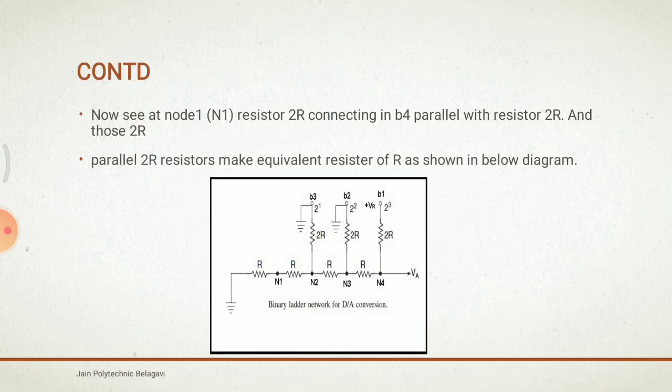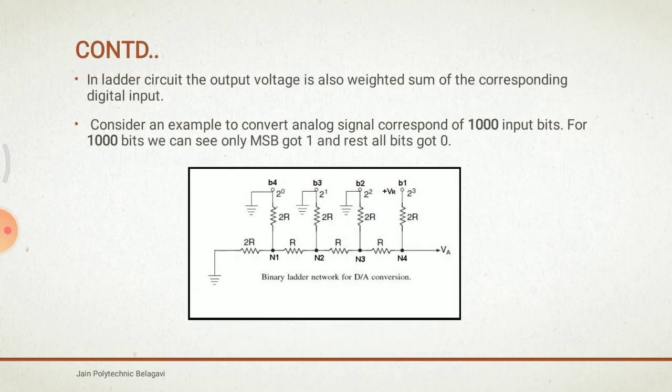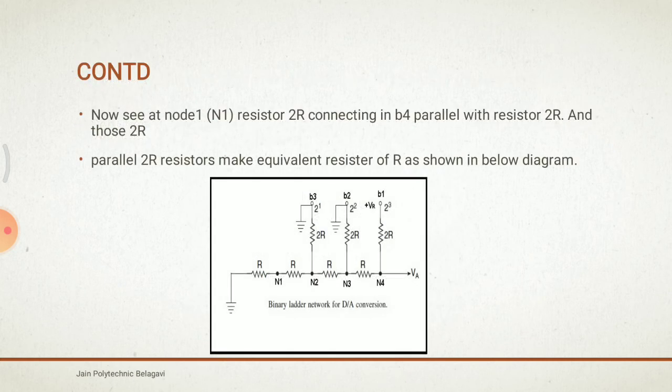Now see the node 1 resistor R connecting to the 2R corresponding to the B4.